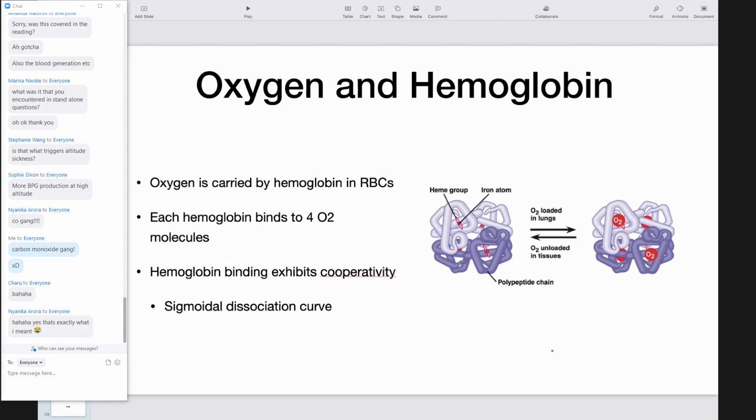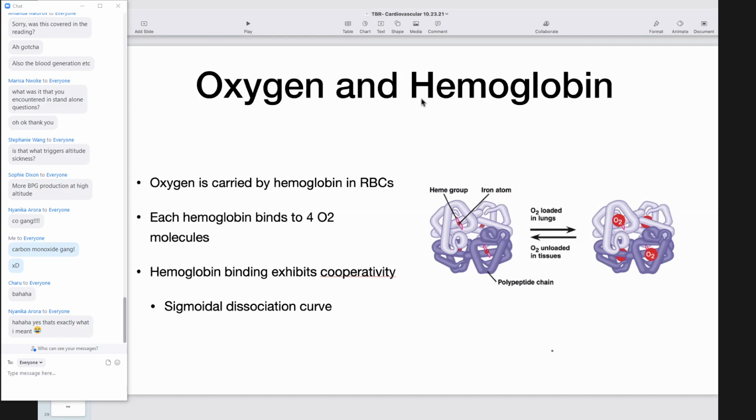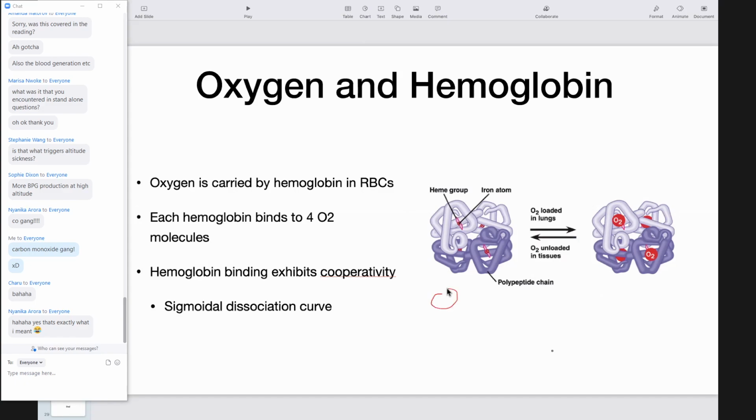So each hemoglobin protein can bind to 4 oxygen molecules. There's 4 subunits. Each subunit has a heme group. Each heme group can bind an oxygen. So hemoglobin binding does exhibit cooperativity. And what that means is, let's say we have 2 hemoglobins.